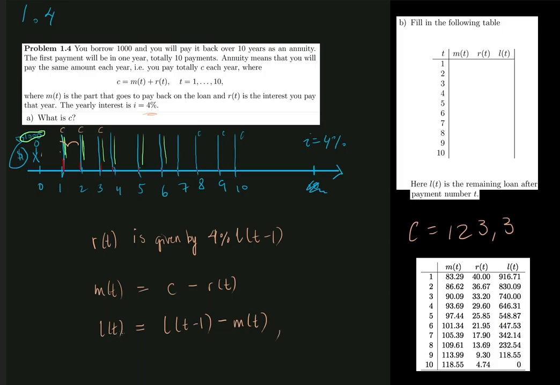And this goes all the way, so if you have t equal to 5, then you will have L5 equal to L4 minus M5. And then what is L4? That's given by something to do with L3. And L3 is given by something to do with L2, and so on and so on. So we have to specify that at time 0, the remaining loan is 1,000. And then we can find L1 based on this formula. And after we found L1, we can use this formula to find L2 and L3 and so on.